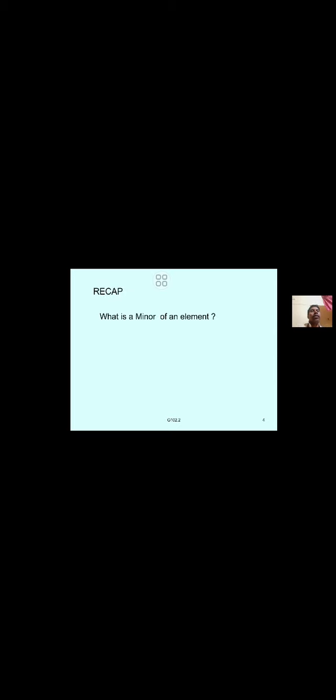So what is the minor of an element? Each element has a minor. It is the determinant obtained by deleting the row and column containing it.